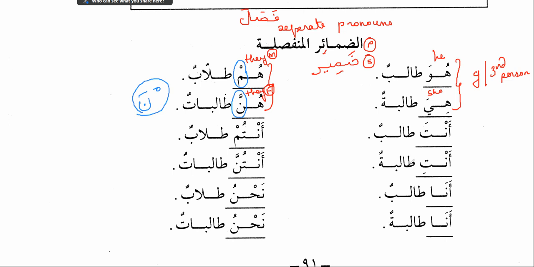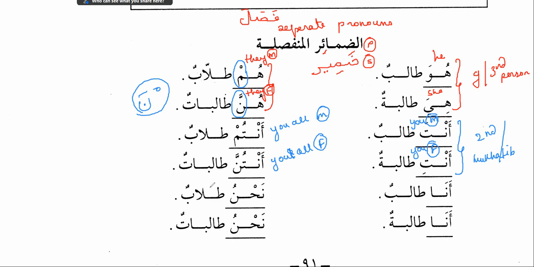And now we have four of them for second person, that is for the mukhatab. Mukhatab means the second person to whom you are facing while talking. Anta for you. In English there is no difference, but in Arabic you have anti for you feminine. Okay, and you have antum, you all for male, and antunna, you all for female.